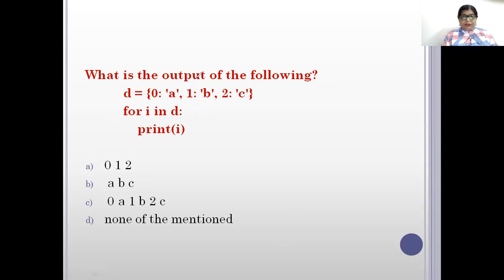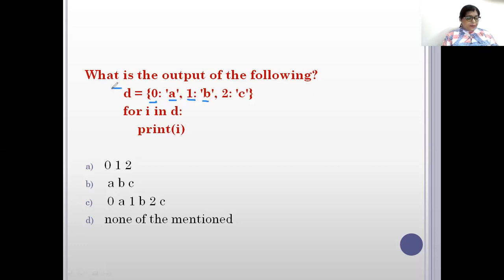What is the output of the following? Now, what is this? This is a dictionary firstly. 0 is a key, and this is a value. Again, this is a key, this is a value. For i in d, print i. What do they want here?